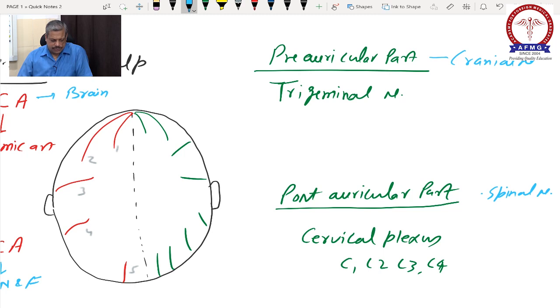It is a very rich nerve supply and very rich blood supply. Clear? What is the use of so much nerve supply and blood supply? This is the supply for hair follicles. So this is all about the scalp.